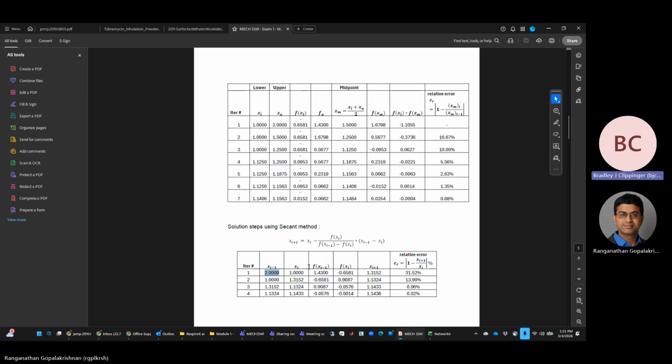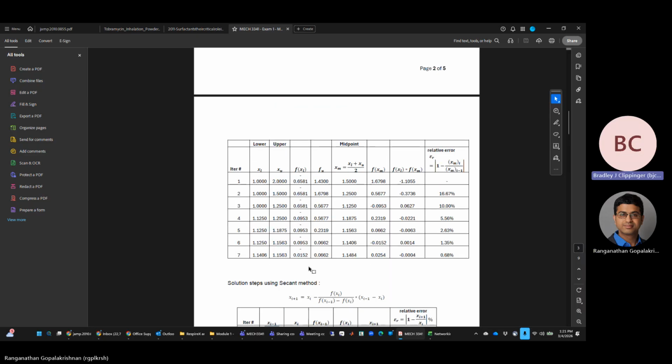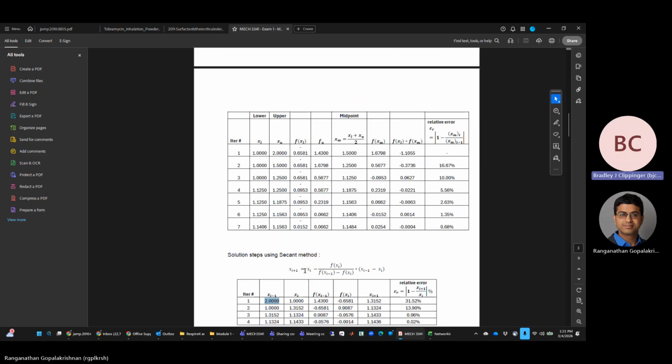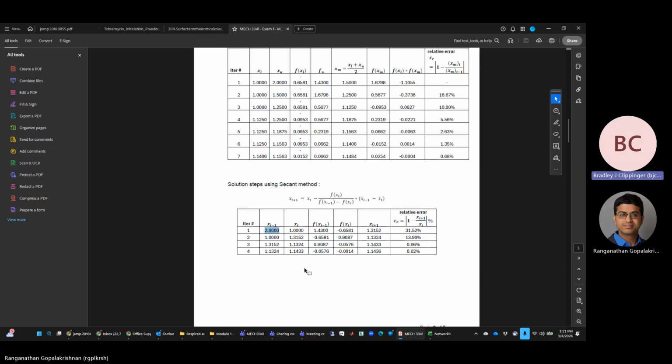Okay. How are we sure about our guesses? Because with the bisection method, what I did was I put the equation into the calculator and then I found the roots of said equation, and those were my guesses, right? So are we supposed to do the same thing for the secant method?